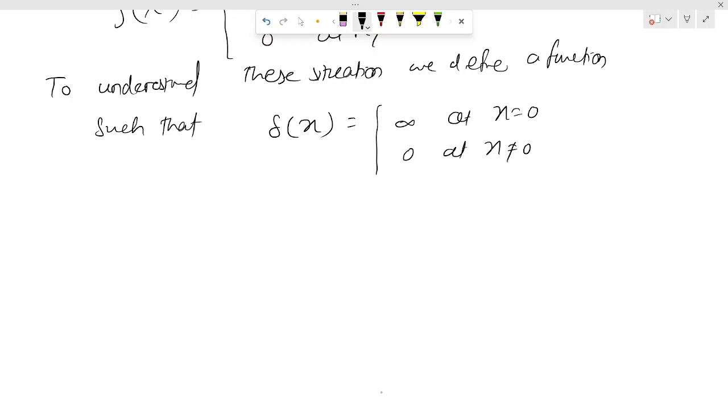That is, this delta x is known as the Dirac delta function. Okay, got it? Yes.